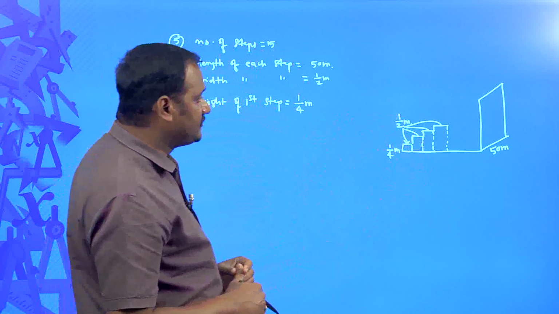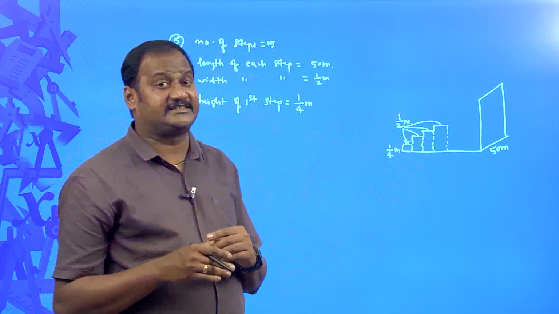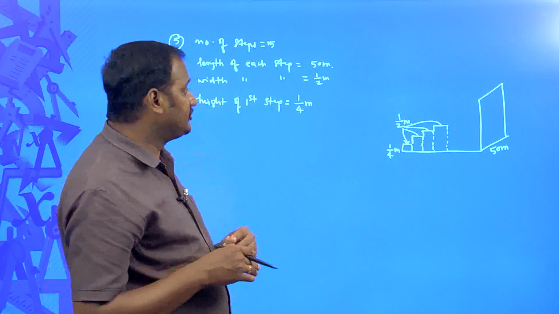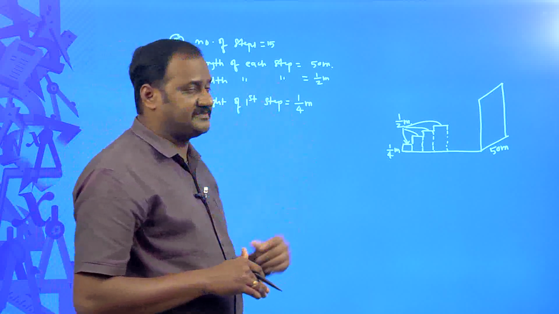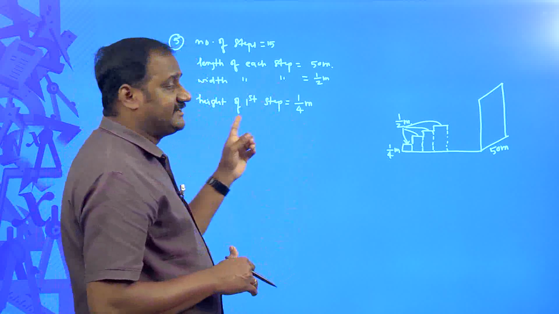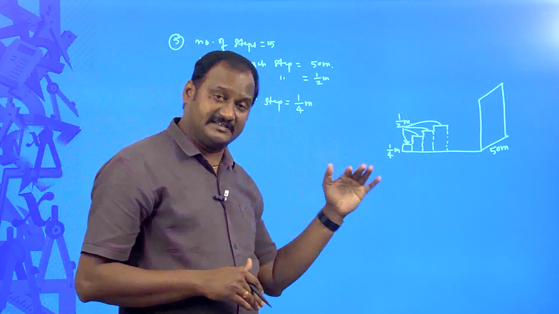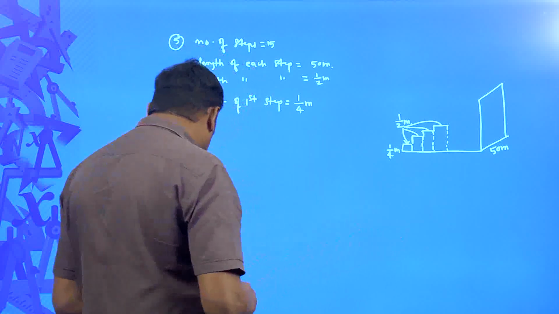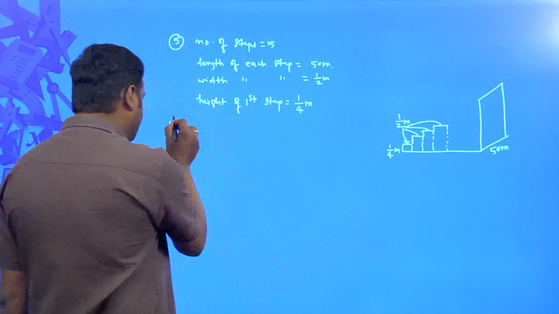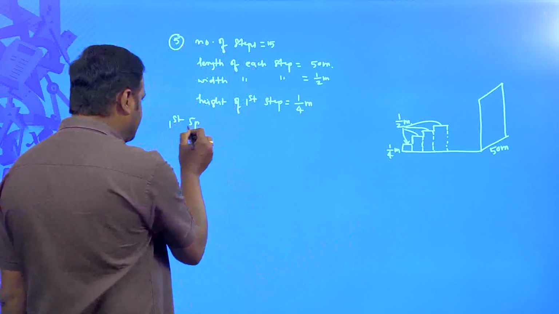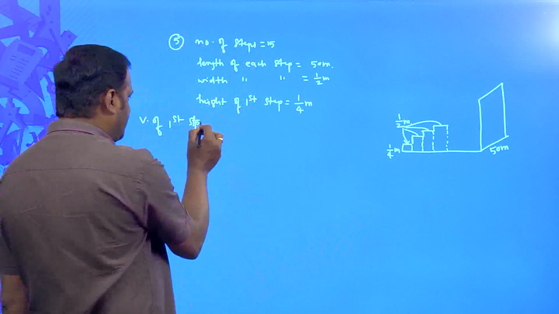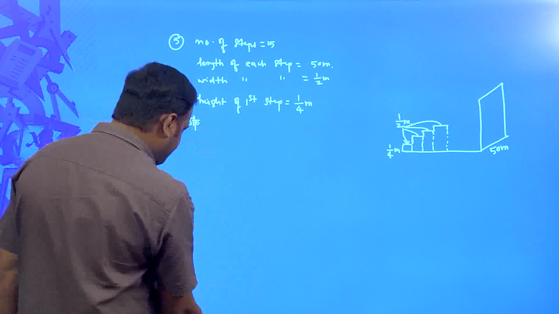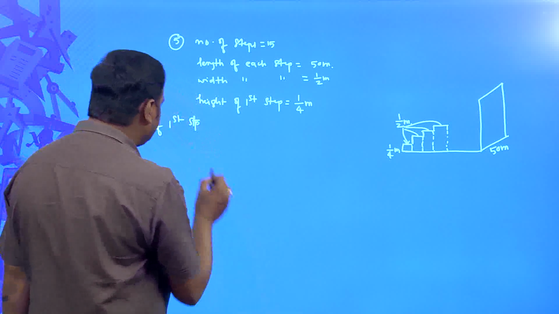So, we need to find the volume of 15 such steps, but ensure that the length and width of each step are the same, but the height or thickness of each step cannot be the same. So, what is the volume of the first step?